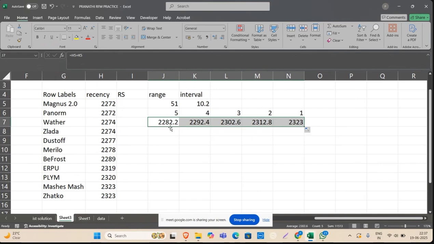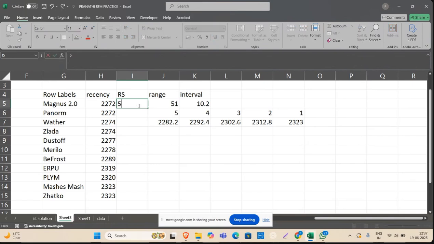What it means is from 0 to 2282.2, I will rate my recency as 5. From 2282 to 2292, I will give score 4. From 2292 to 2302, I will give 3. So here I will give the recency score based on that. Since it is lesser than 2282, I will give it 5.